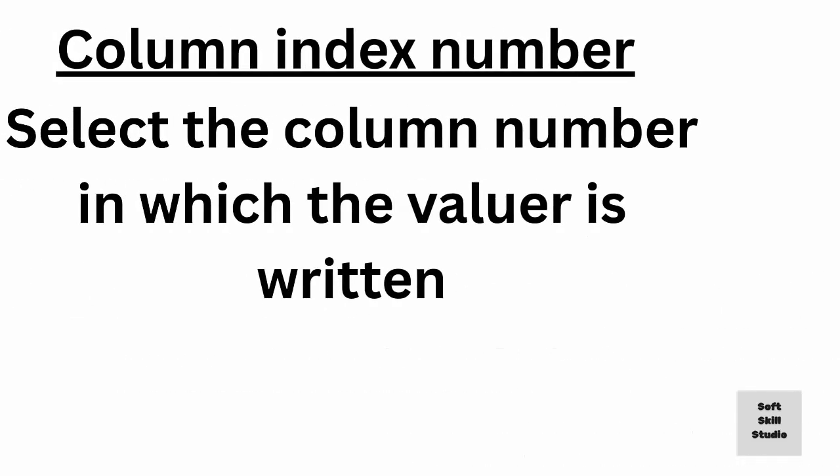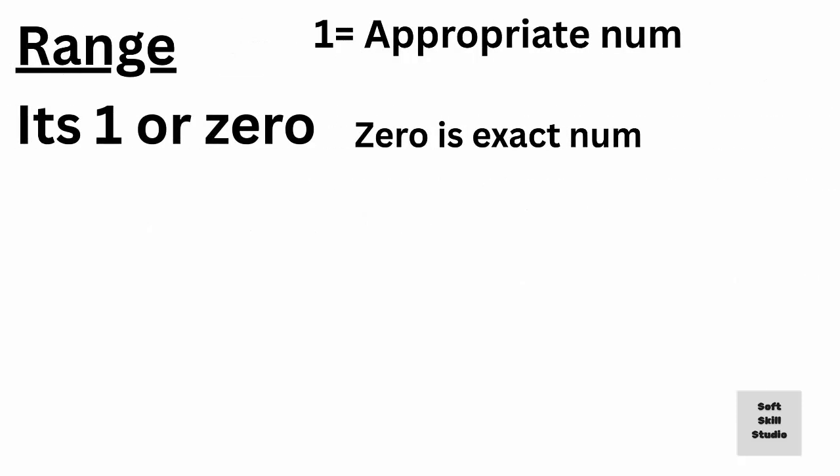So you will select that table, and the column index number is the number of the column in which your value is written. The last point is the range, which will be 0 or 1. We use 1 for an approximate match and 0 for an exact match.